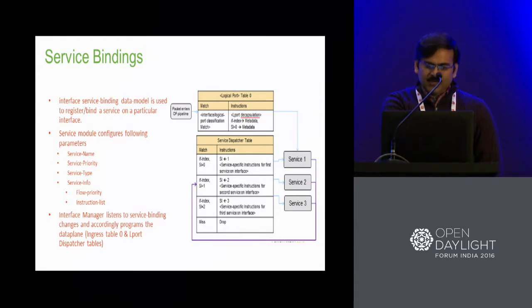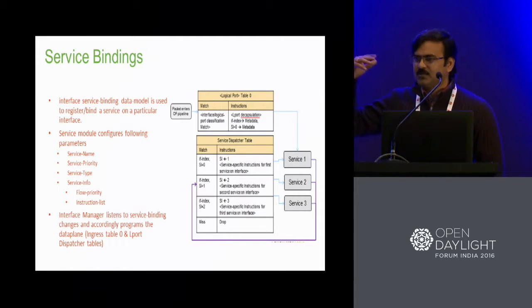The service info is basically the OpenFlow rules, the rules and instructions that you can provide. When the entry is added in the dispatcher table, the dispatcher table matches with the interface ID and the service index, and it applies the OpenFlow rules provided while service binding.